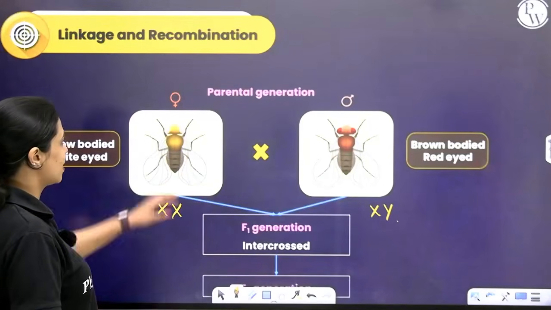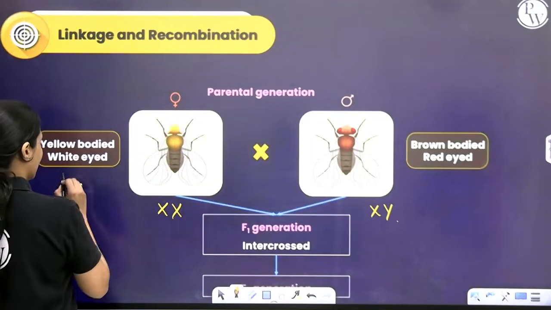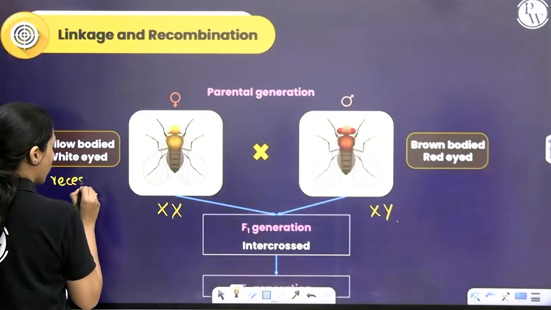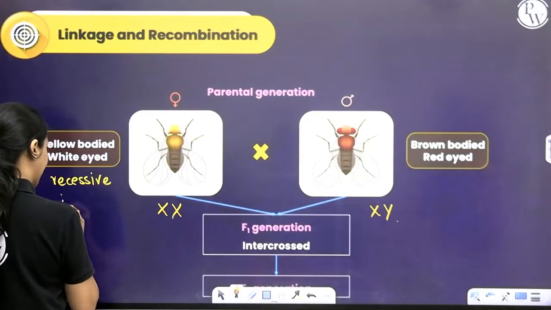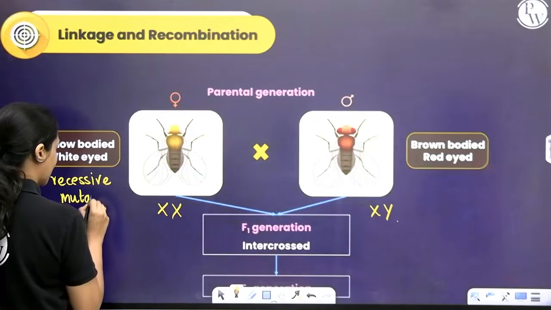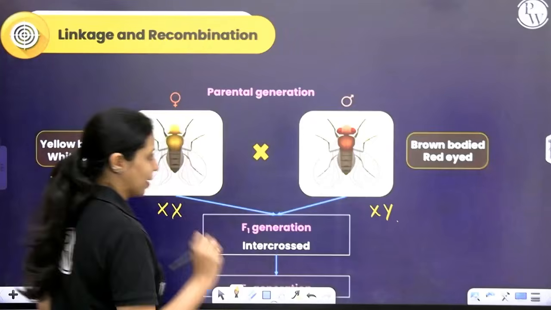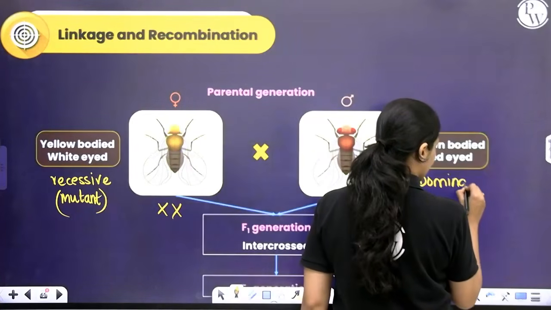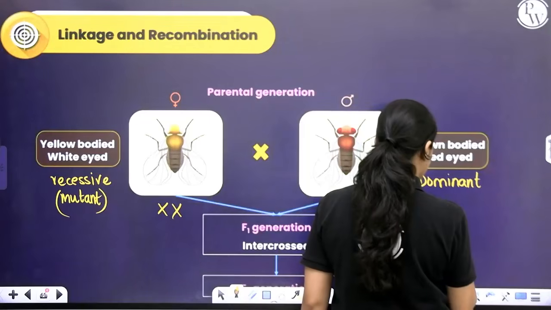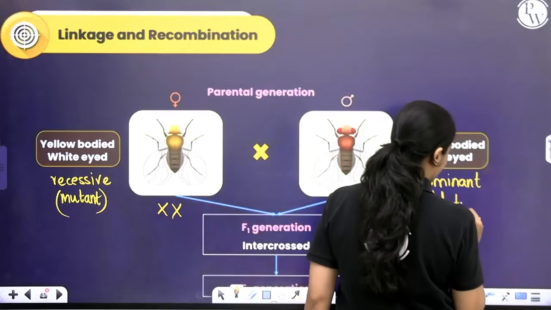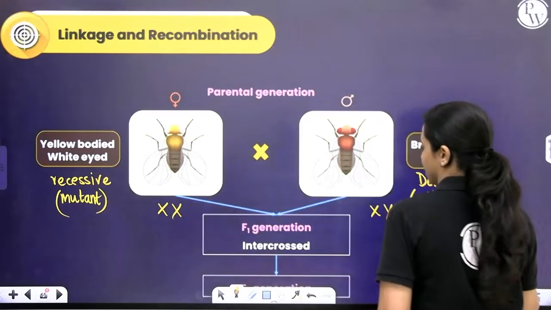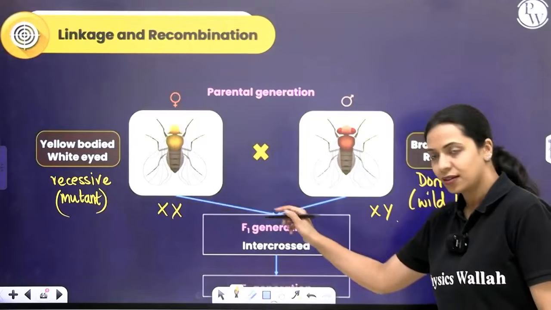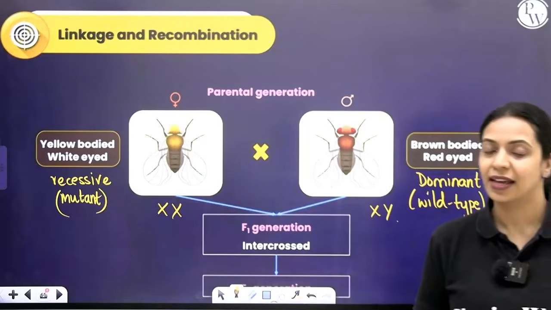He chooses the female to be recessive or mutant in both the characters, and he chooses the male to be dominant or the wild type for both the characters. What you get here in the offspring, that is the F1 generation.